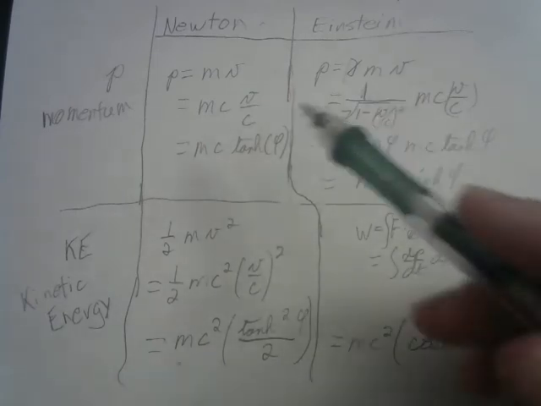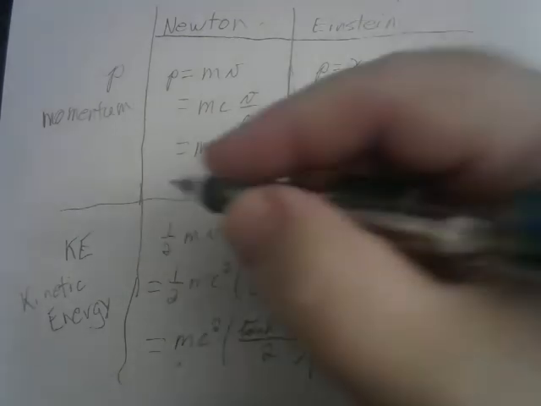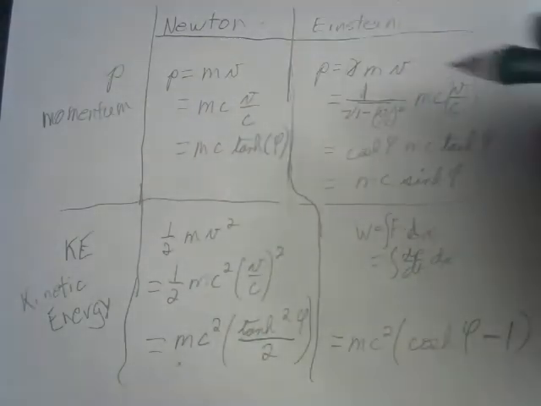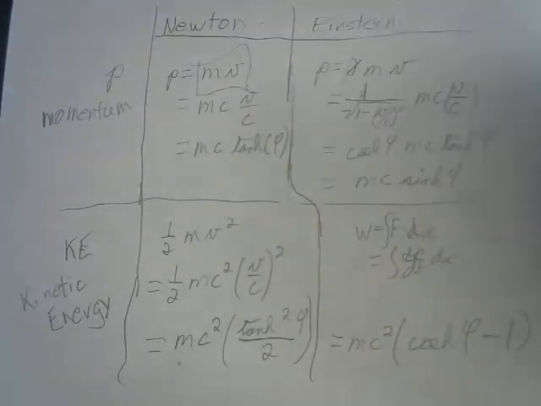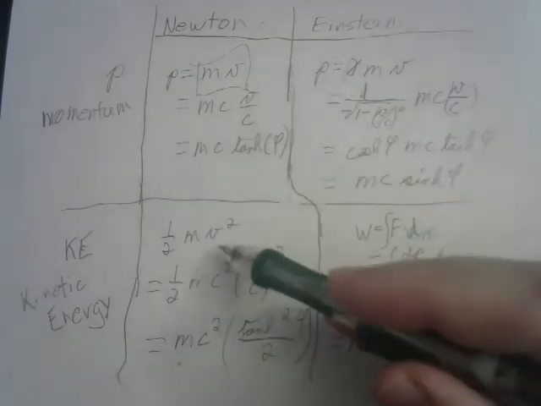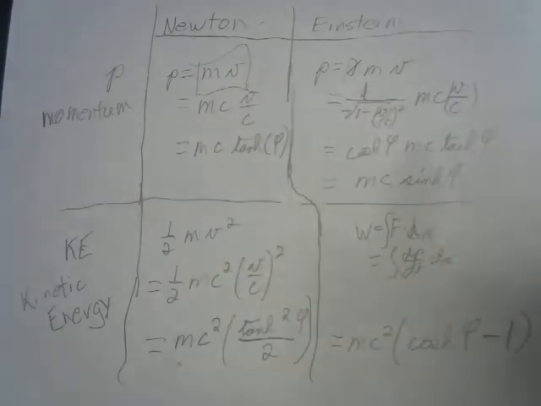When you plug mv into that integral, you get 1/2 mv squared. But when you plug in mc sinh phi into that integral, you get mc squared (cosh phi minus 1).